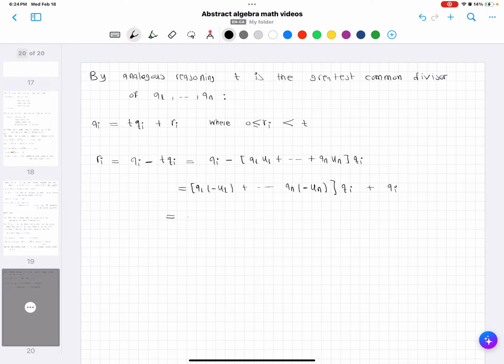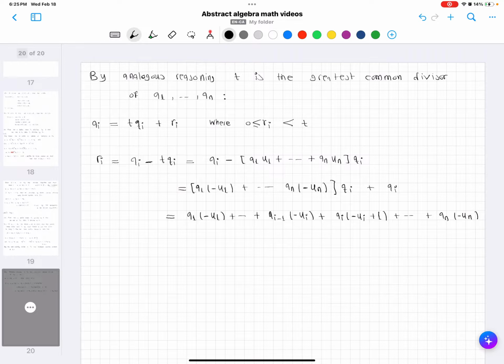So this is a1 times (minus u1) plus ... plus ai times (minus ui plus 1), since you can factor ai, plus ... plus an times (minus un).